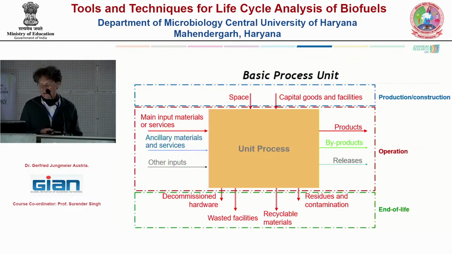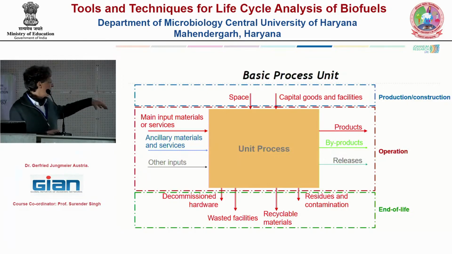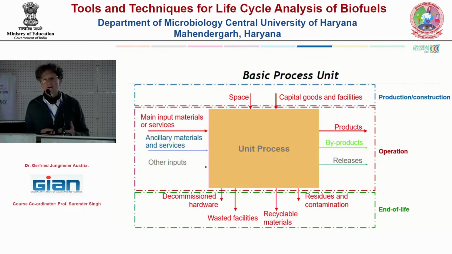And finally, LCA is also covering the end of life. Sooner or later, an ethanol plant or a vehicle or a power plant is at the end of its life, and then it has to be decommissioned. And there you also have to see which of the hardware can be reused, which of them can be recycled, or what is really a waste or a residue or a contamination.